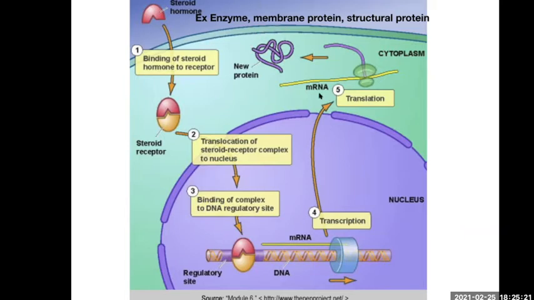It can do all sorts of things. So proteins, they're doing everything, and you can have all sorts of effects. So bottom line, the steroid gets into the cell through the lipid bilayer, either in the cytosol or nucleus, binds to a receptor, and that affects the production of new protein.